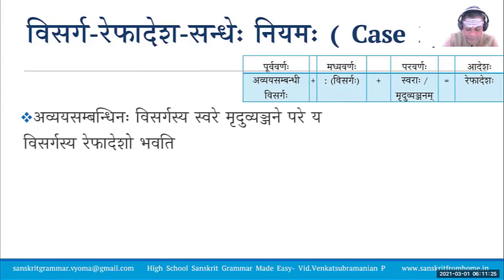Now case 2, if you have an avyaya sambandhi visarga followed by a swara or a mridu vyanjana, visarga gets rephadesha.